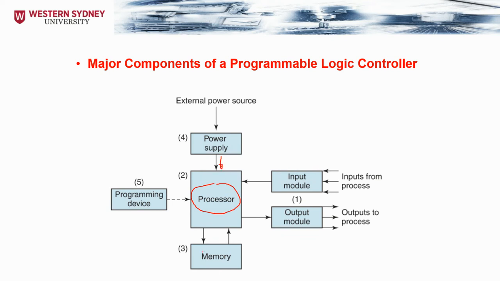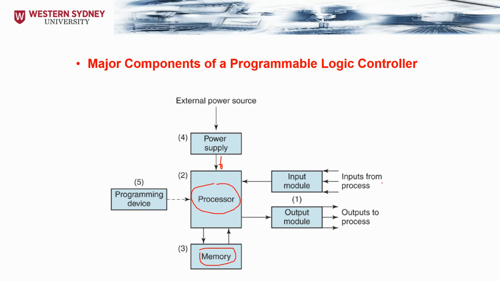It's going to read from and send feedback to the memory, which contains the stored program. It's going to have the input module, and we're going to have the output modules. And we're going to have the possibility of connecting a programming device to change the programs we have in the memory. So let's see how this system is working.